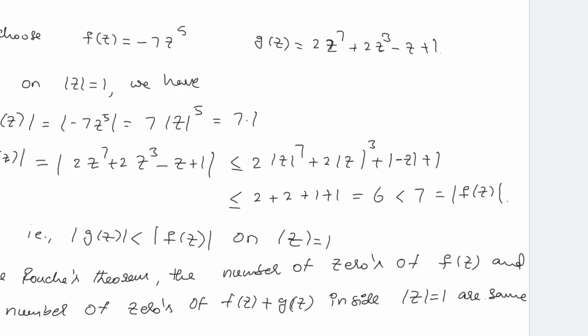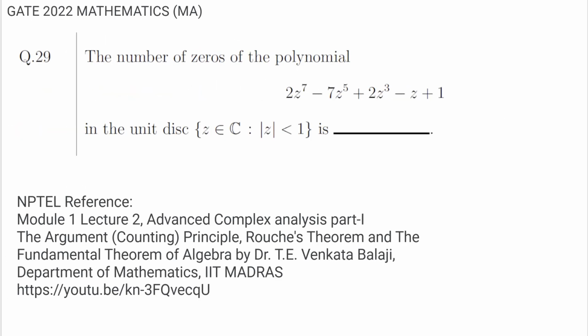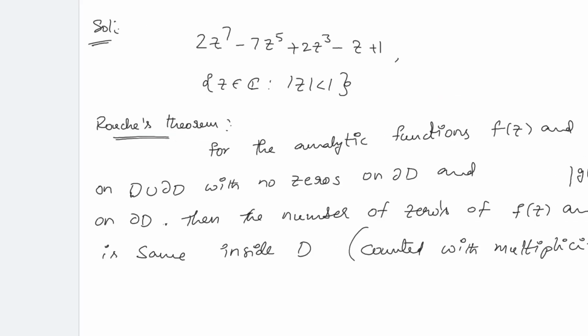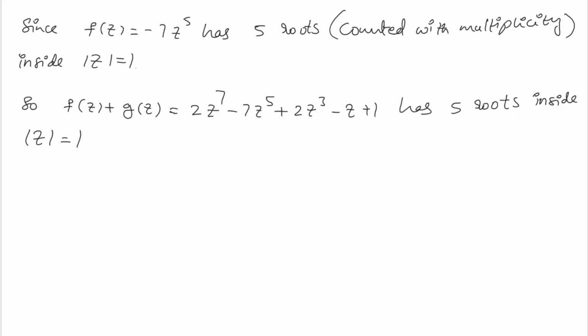So the answer is 5. Of course, it is given here that mod z is less than 1, and inside mod z equal to 1 is nothing but mod z less than 1.